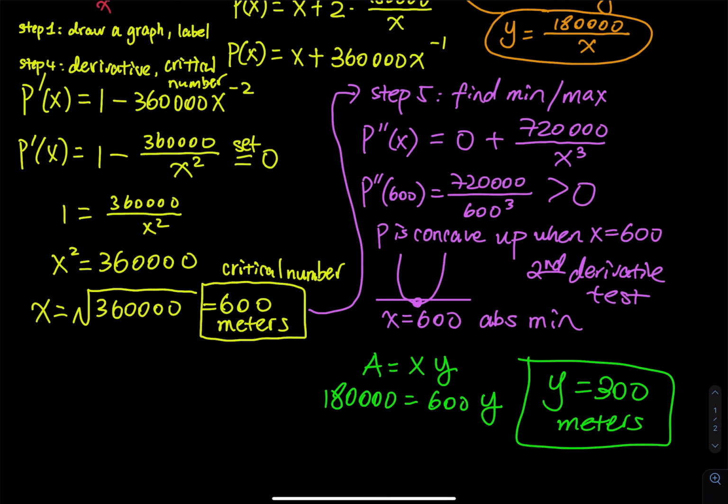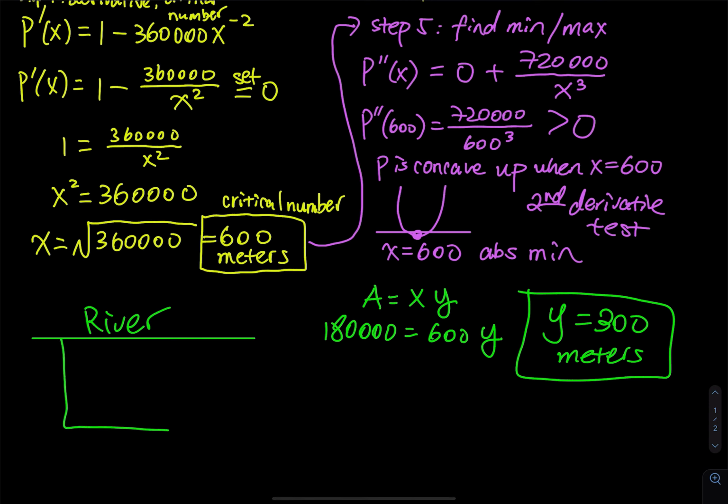So now it's time to write a conclusion and then submit the conclusion to your boss. And then you draw a picture. This is the river. And then you draw the pasture. So here is your pasture. And then y is equal to 300, right? So this is 300. And then what is x equal to? x is equal to 600 meters, right? So this is your pasture. And then what is the area? Not the area, what about the perimeter?